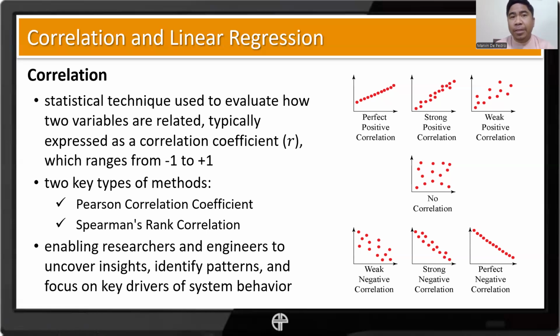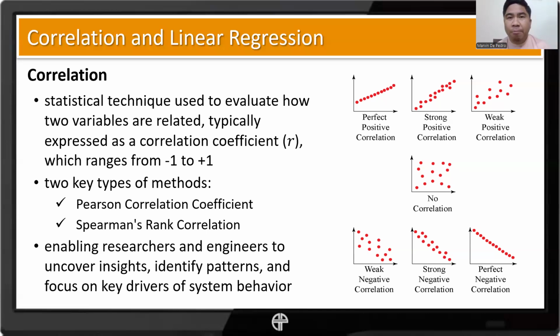That is basically determined by what we call the correlation coefficient R, specifically the Pearson's correlation, when we are talking about numerical types of data, whether interval or ratio data. We have another type of correlation, the Spearman's rank correlation, and rank means it is something ordinal.